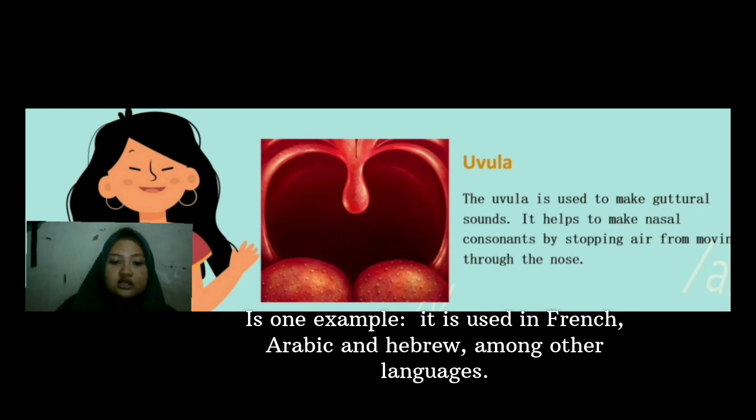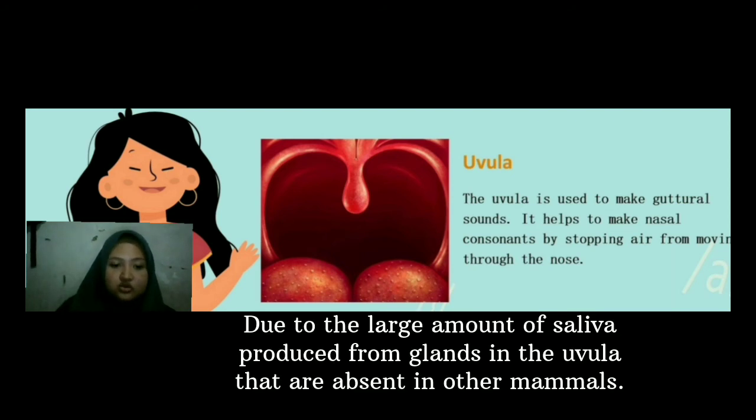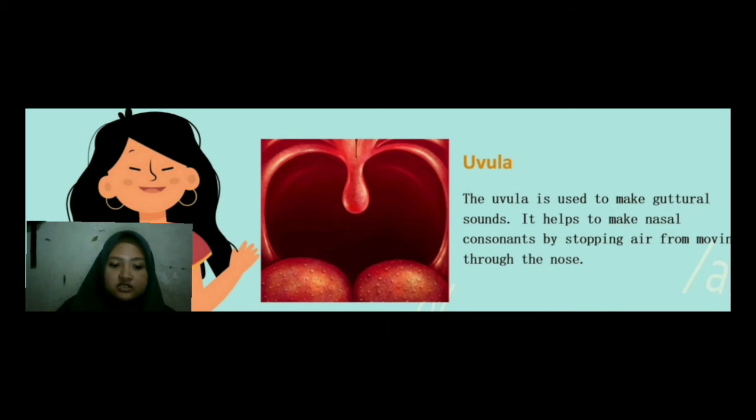It is used in French, Arabic, and Hebrew, among other languages, due to the large amount of saliva produced from glands in the uvula that are absent in other mammals. It has been suggested.